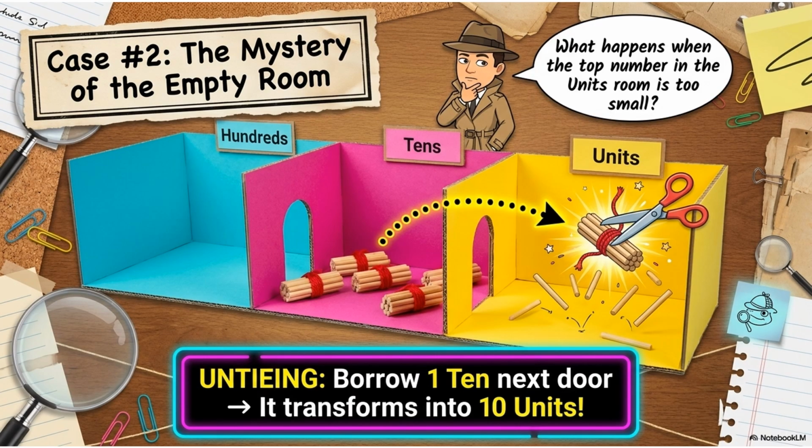Now there is a mystery room, the mystery of the empty room. Now why is a room empty? Let's find out. Imagine I told you in addition, when there is too much burden on one particular house, you share it, right? So what happens when the top number in the unit room is too small? You have to untie them, you have to break them and borrow 10, okay?